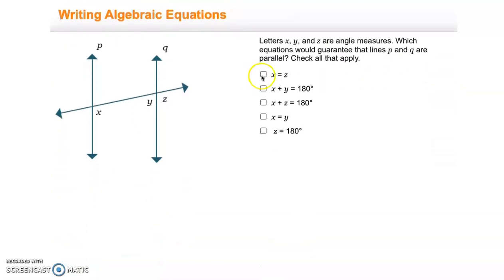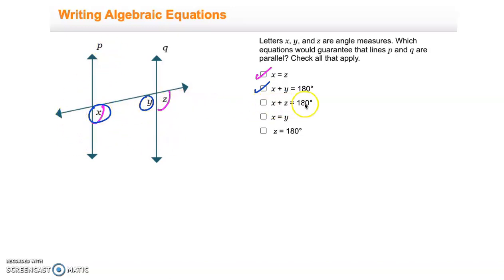So let's look at this. If X, Y, and Z are angle measures, which of these things are true? What do we know about them? Well, we know X and Z are corresponding angles, so they are congruent, they are equal. It will guarantee that P and Q are parallel. X plus Y: X and Y are same side interior angles, and if those add up to equal 180 degrees, then P and Q are parallel.